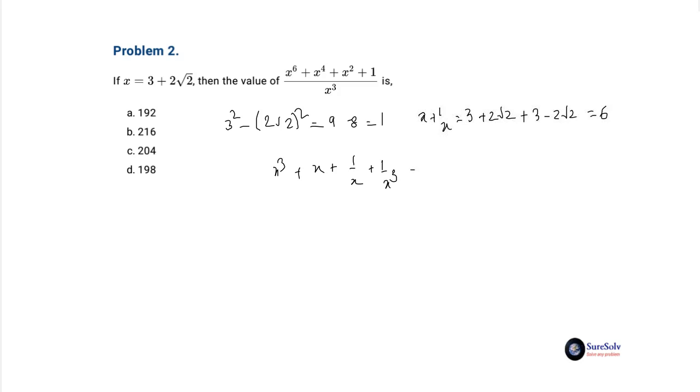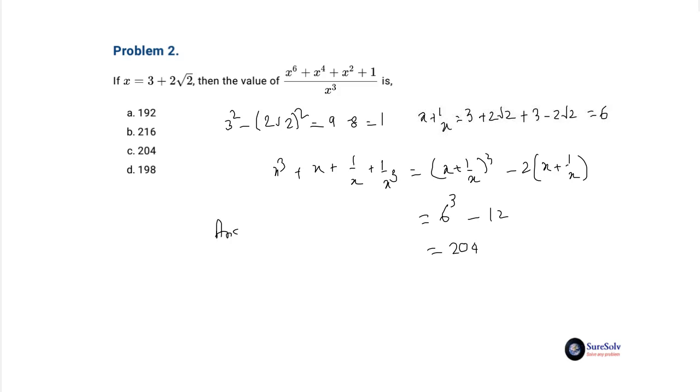So we transform our expression to x plus 1 by x whole cube minus 2 times x plus 1 by x. 6 cube minus 12 equals 204. Very easy and quick.